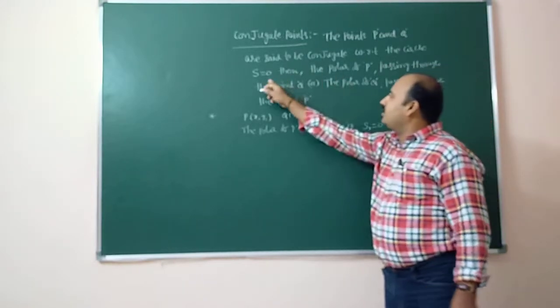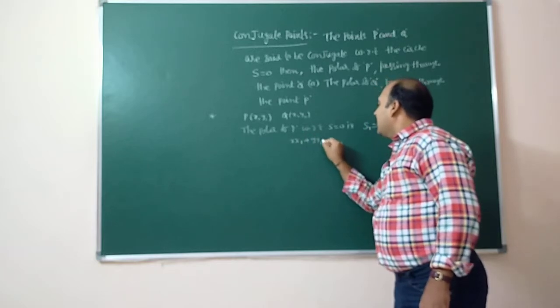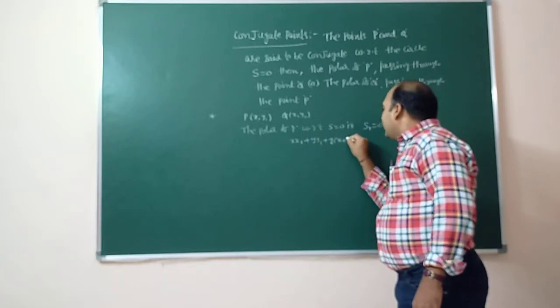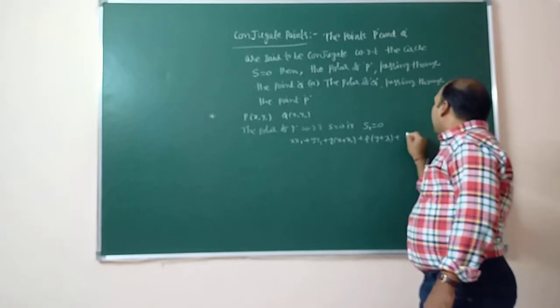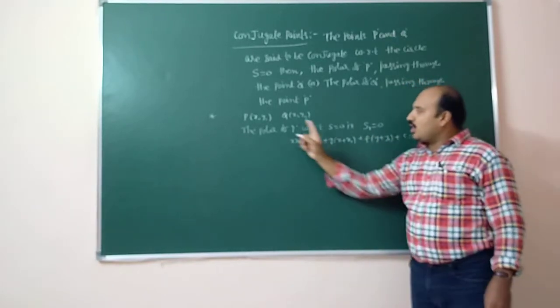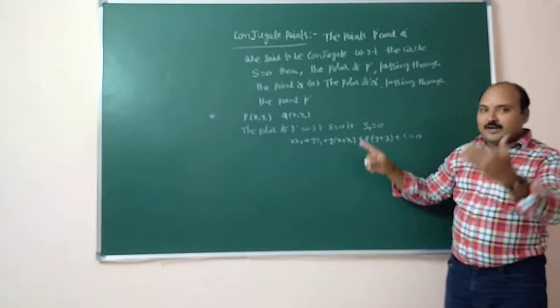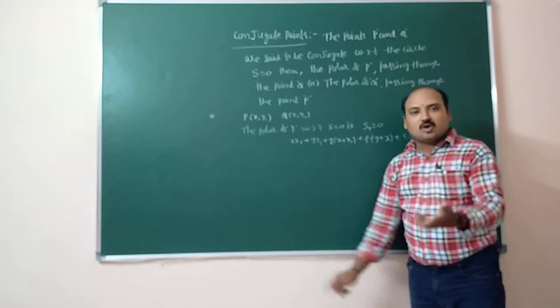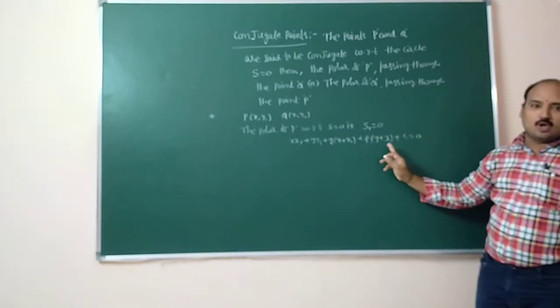S1 equal to 0 means, according to this circle, x x1 plus y y1 plus g into (x plus x1) plus f into (y plus y1) plus c equal to 0. This is the polar of P with respect to S equal to 0. To get the condition, the other point Q should pass through this polar.